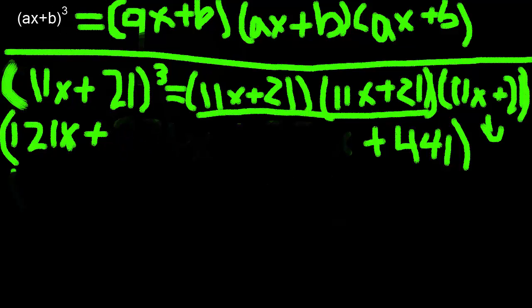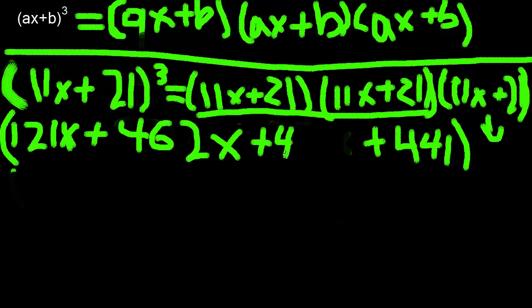So we had 221x, no, 231x and 231x, my bad. So that'd be 462x. Don't you love big numbers? Yeah, they're fun. Plus 441, I'll erase the 441 there.